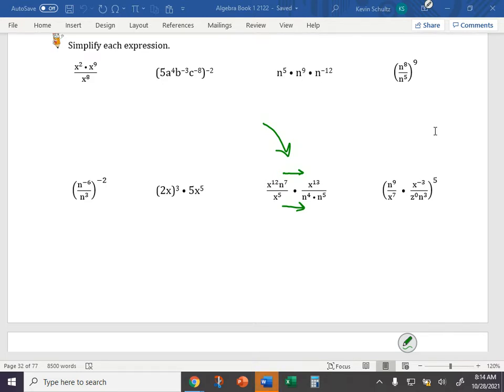You multiply straight across. So we are able to combine our x terms in our numerator, and we also have some n terms in the denominator that we can combine, giving us x to the 25th in our numerator, and the 7th, and x to the 5th and the 9th in the denominator.